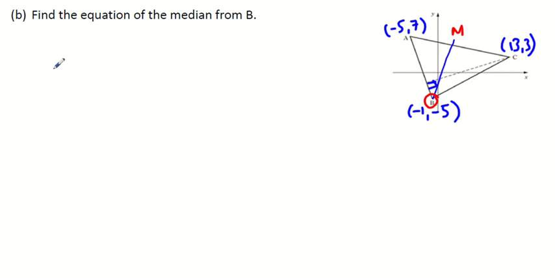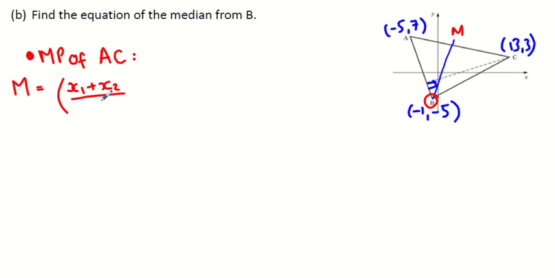So, first bit of working, midpoint of AC. And that is denoted as an M. So I'm looking at A and C. The midpoint formula is to add the x's and halve them, add the y coordinates and halve them.